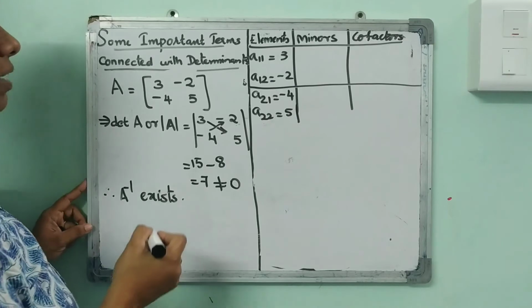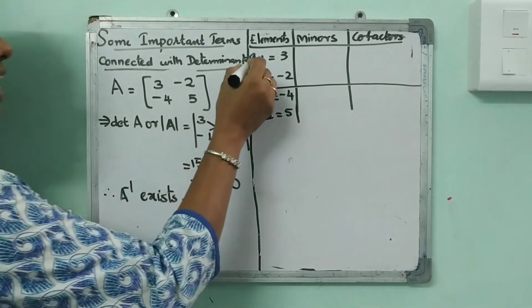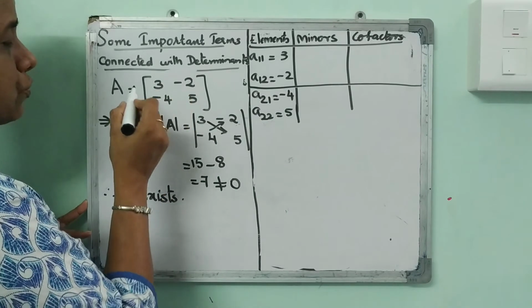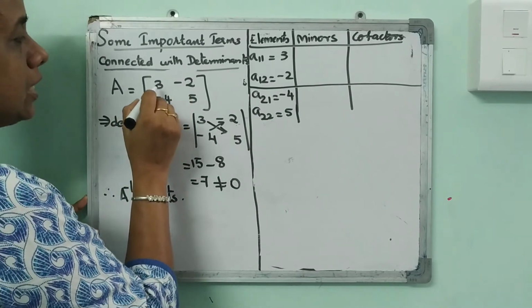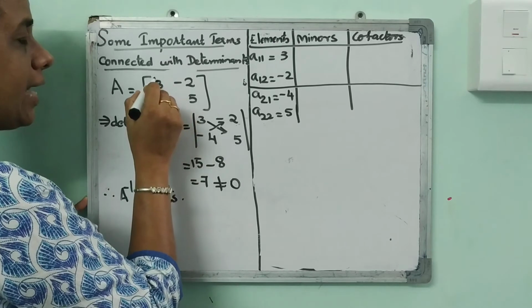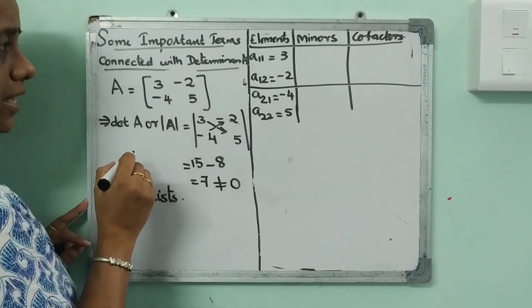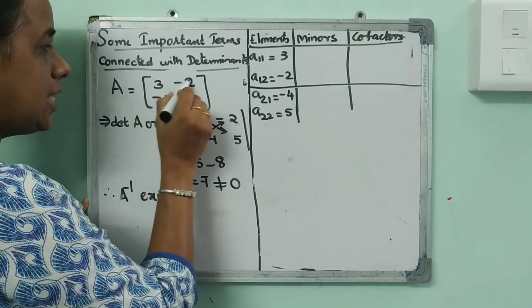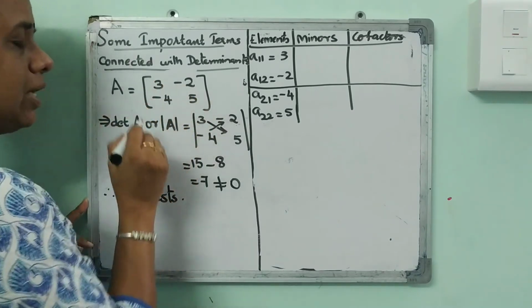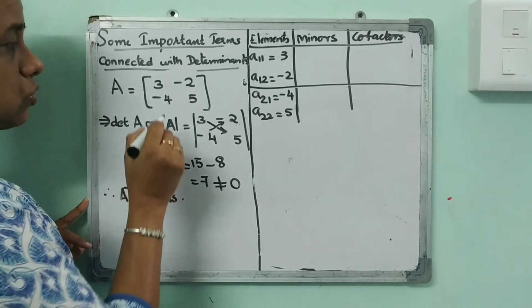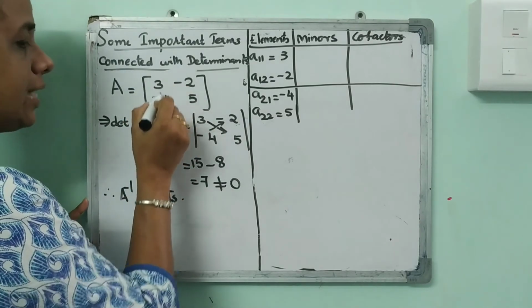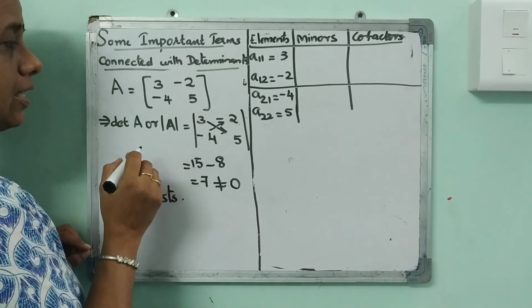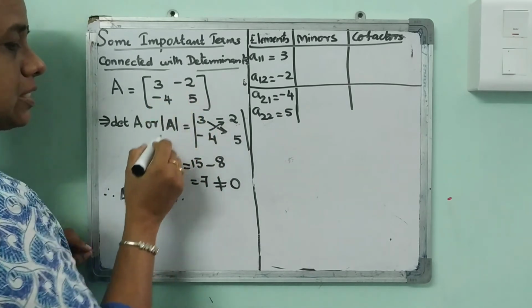Now, how to calculate the minor of this element A11, which is equal to 3? To find the minor of an element, delete the row and column in which that element lies. Once again, to find the minor of an element, delete the row and the column in which that element lies. So when you delete the row and the column in which that element lies, what do you get here in this matrix?